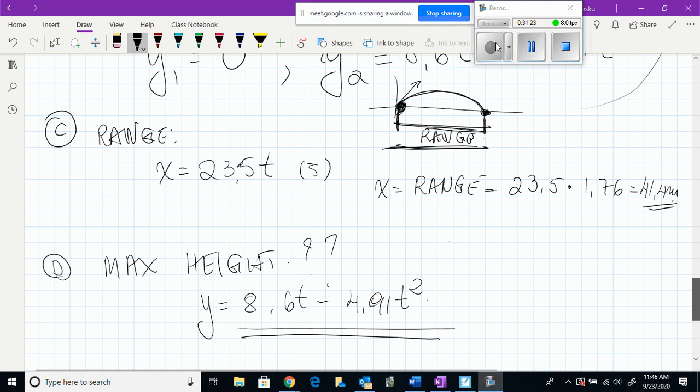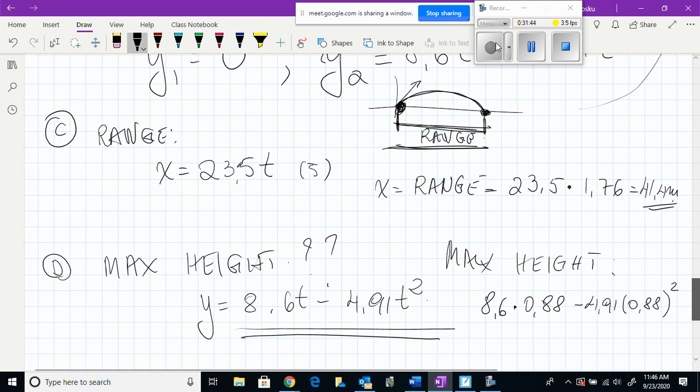So the maximum height will be 8.6 times, what did we say, 0.88 minus 4.91 times 0.88 squared.